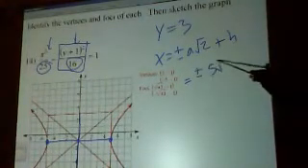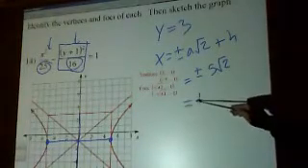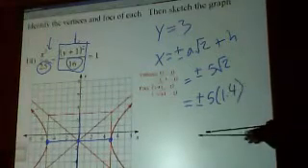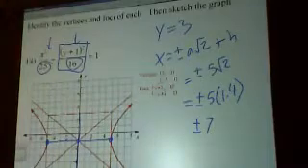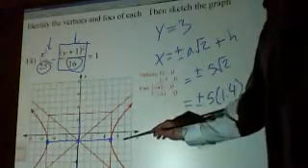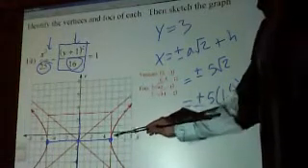So we got plus or minus 5 root 2, and our h is 0 in this case, right? So we have plus or minus 5 times 1.4, and that gives me plus or minus 7, right? So if x is equal to 7, that means I have to go to y equals 3. So let's look at x equals 7. Oh, look, I'm at y equals 3.